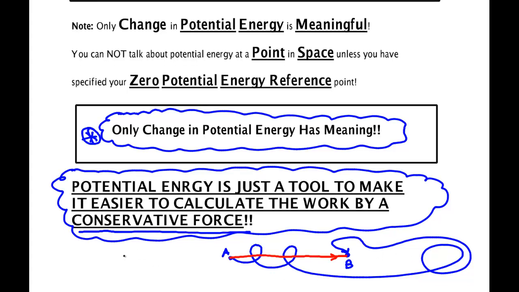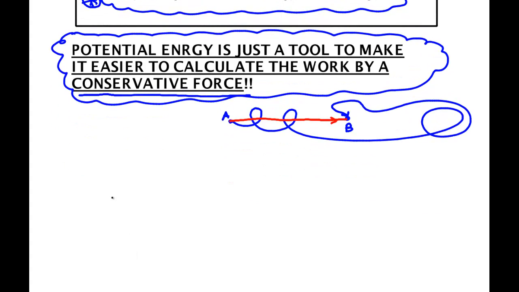As an example of how this is really useful, to finish this up, remember my problem with the bowl? And I had the ice cube up here, and I wanted to find out how fast the ice cube was going here. It turns out, because gravity is independent of the path, instead of following that path, I could follow this path. I could drop the cube straight down and then slide the cube across. So it'd have two parts.